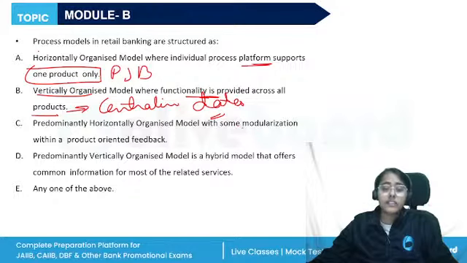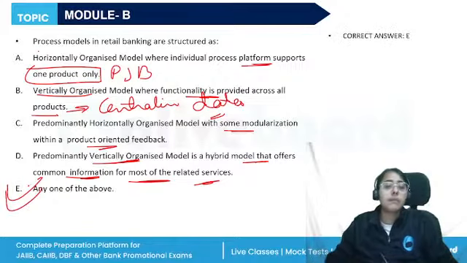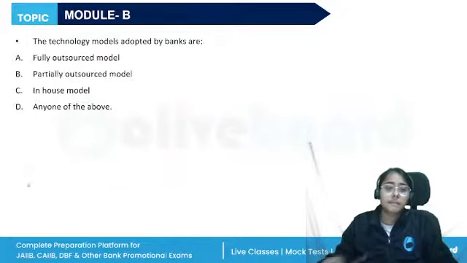Predominantly horizontal, with a product oriented view. Predominantly vertical, which offers common information for most of the related services. So all of the above or any of the above will be correct. The meaning of all the four types of processes are given here.